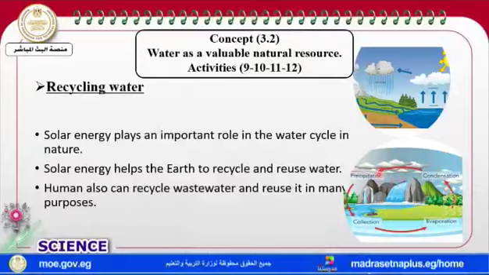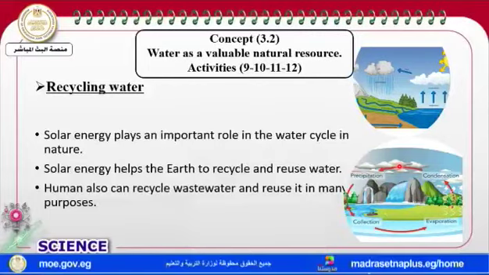After that, the cloud rains, falling what? Falling the rain again and collected in another water body. So the water evaporated, condensed, precipitated, and collected, then evaporated, and so on. So there is what? There is a water cycle.